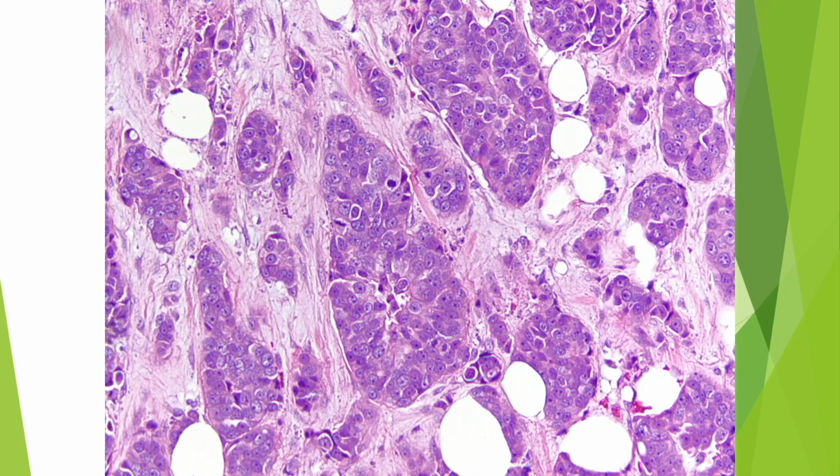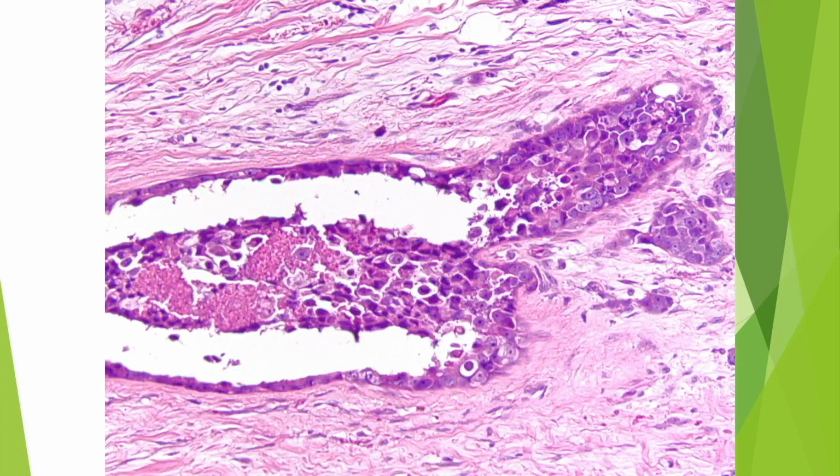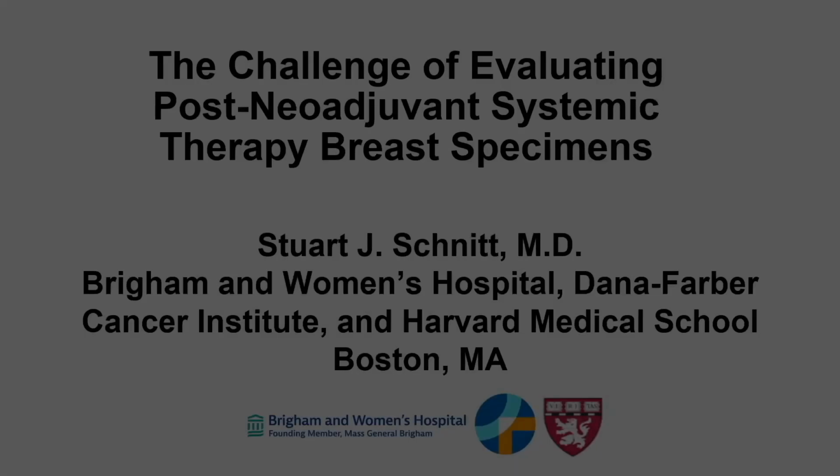You can see why this was called Nottingham grade 3 on both needle core and on excision. The nuclei are round, have a bit of irregularity to them, kind of these macronucleoli, and some hyperchromasia. Amphophilic cytoplasm. So here is some DCIS. It's kind of falling apart.